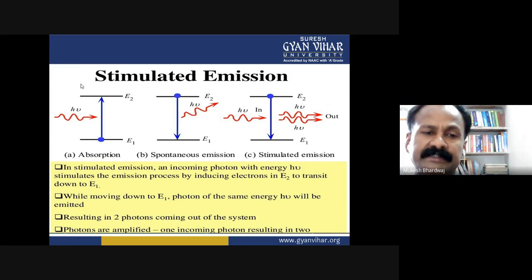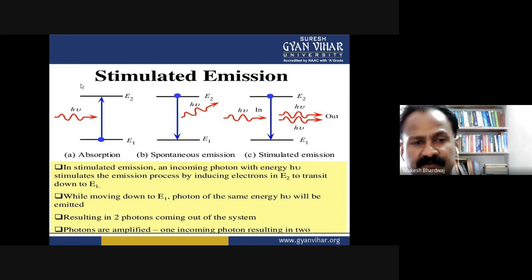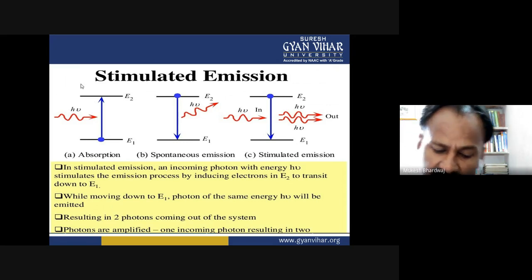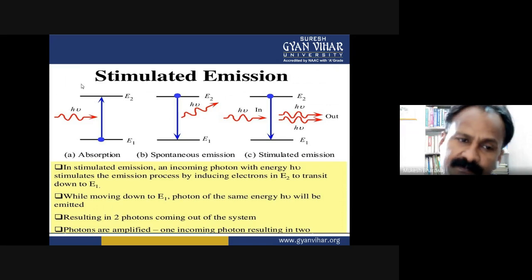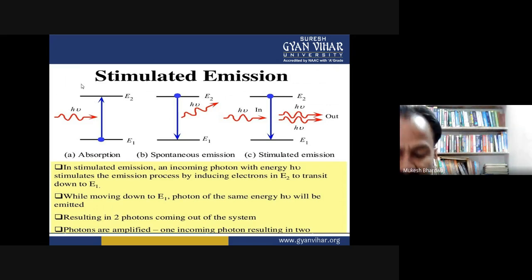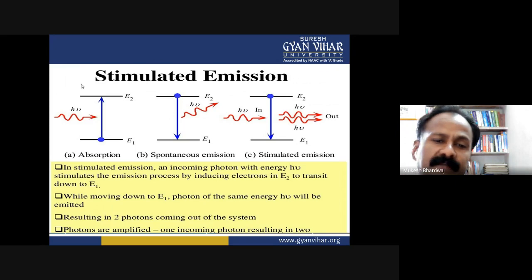We had already discussed that three stages occur inside the laser. First is absorption, second is spontaneous emission, and third is stimulated emission. And between B and C, that is spontaneous and stimulated, there is one more level called population inversion, which we had already discussed.